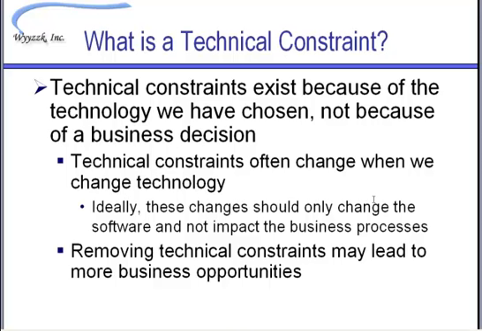But it may also be true that if we remove a technical constraint, it may lead us to more business opportunities. So in the past, for example, working on the internet was awkward, inconvenient, it was text-based. Well, then we got web browsers. And by adding web browsers and the ability to put graphical interfaces on this information on the internet, we've actually now opened up more business opportunities, opportunities for people to interact with our companies through the internet that didn't exist before.